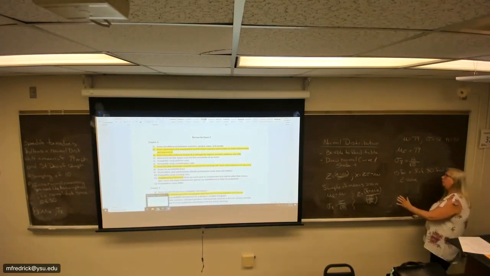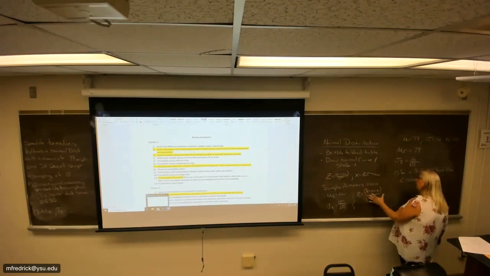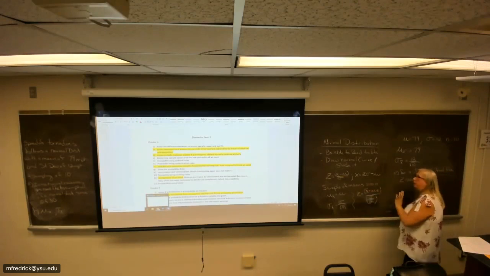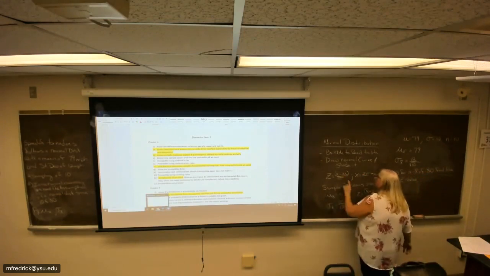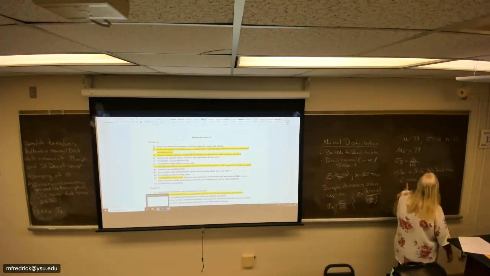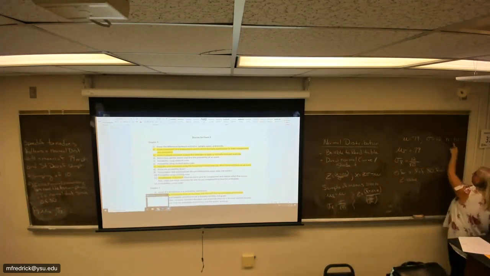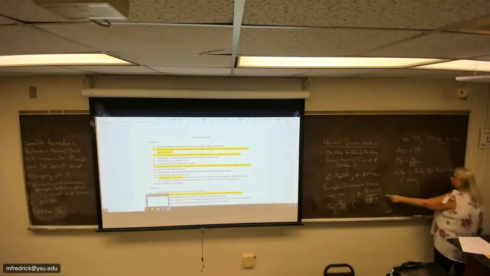So that's when you use this one, when you're working with your sample and instead of one x value, like if a tornado was going at a speed of 80 miles per hour, then you would use this one because you're only using one. If you're finding the average from the sample, then use this one.